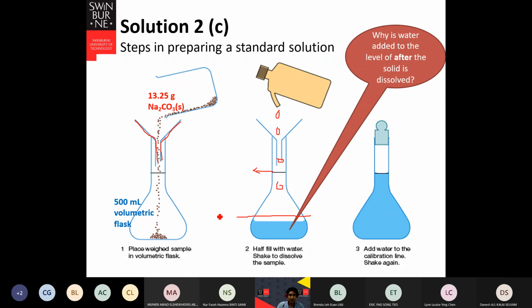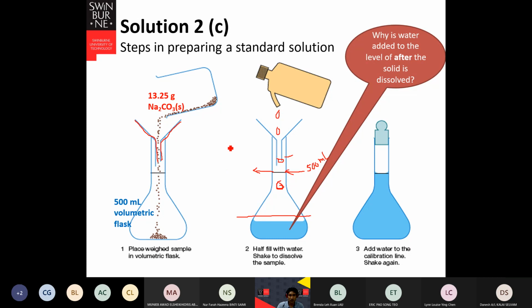There are different volumes of volumetric flask; you can find 500 milliliter, 1 liter, 5 liter, 10 milliliter as well. So according to this volume, this is 500 milliliter, and when the water rises up to this mark, it will be 500 milliliter.